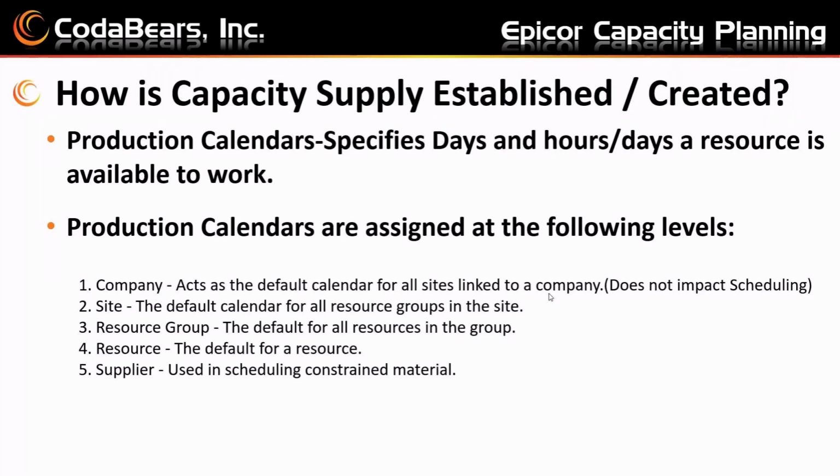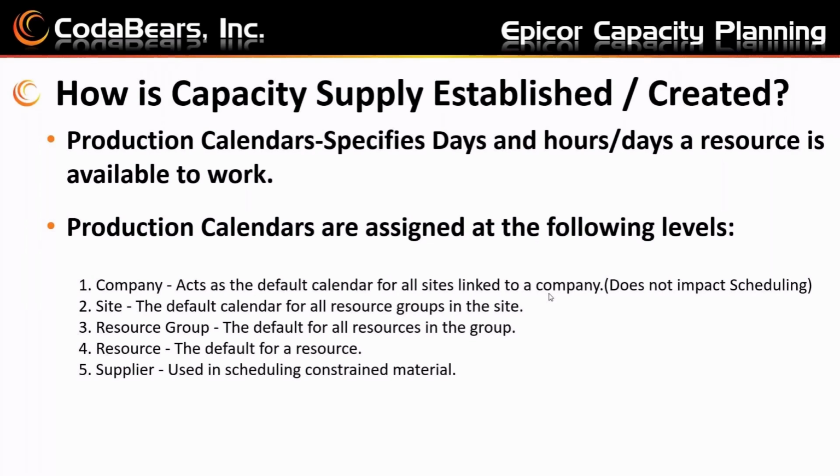So if your site operates 5 days a week, 24 hours a day, but you have a resource group, say your paint booth, that only operates for 8 hours a day because you can only staff it for 8 hours a day, you can have those production calendars constrain the resource group as well as the resource. In addition, you can put calendars on your suppliers.